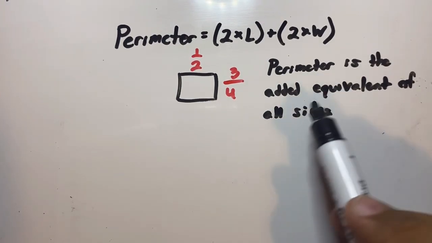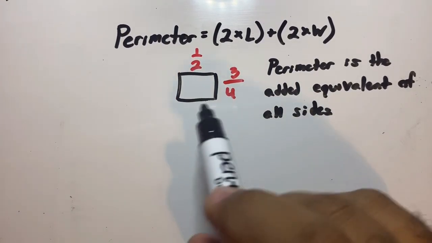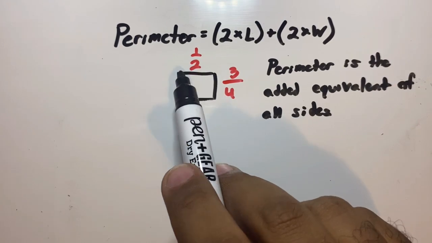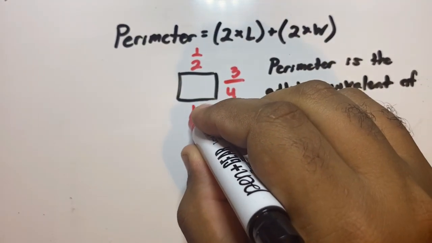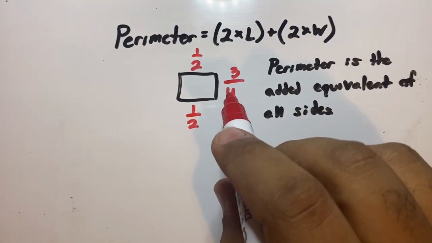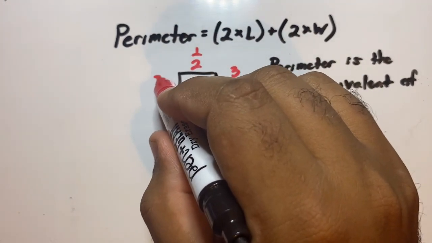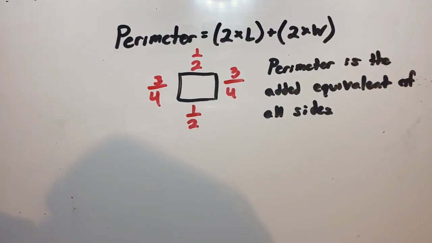You can also put perimeter is the sum of all sides. In this case, we know the half on top is also the same in the bottom half. This side on the right is the same as this side on the left.